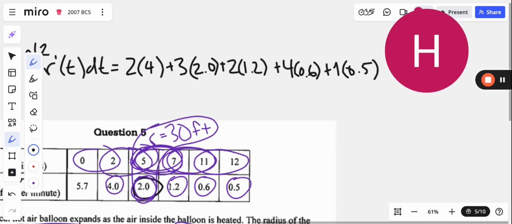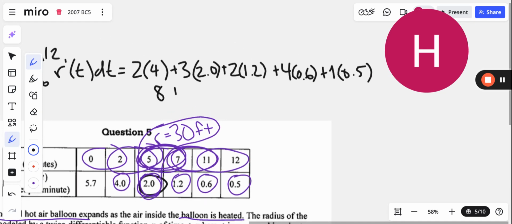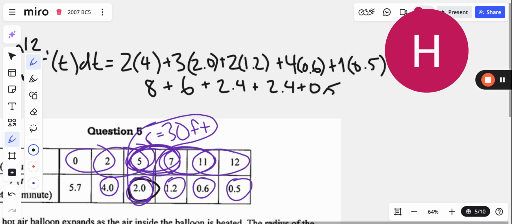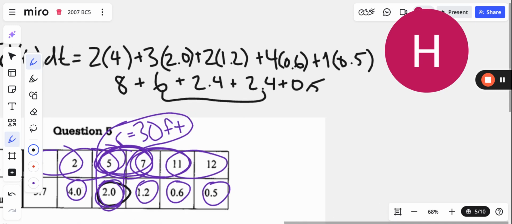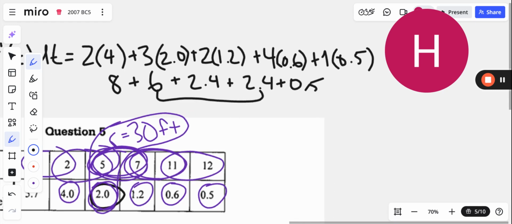So let's see, adding this all up, we have 8 plus 6 plus 2.4 plus another 2.4 plus 0.5. So 10.8, 18.8, all right, 19.3 feet.